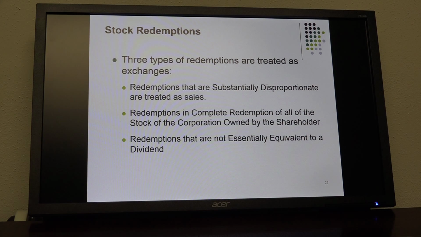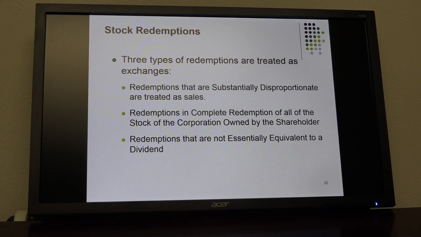Last but not least, we have a redemption that is not essentially equivalent to a dividend. So the not essentially equivalent is kind of the key phrase here. Now, this is a subjective determination by the IRS, and it's based upon, as many things are, the facts and circumstances of a particular case.